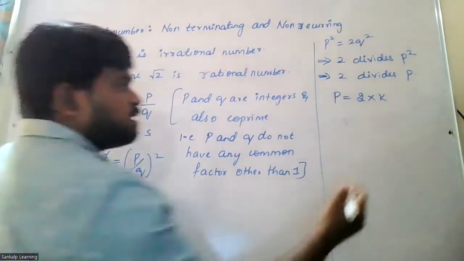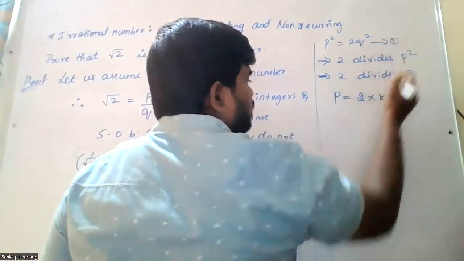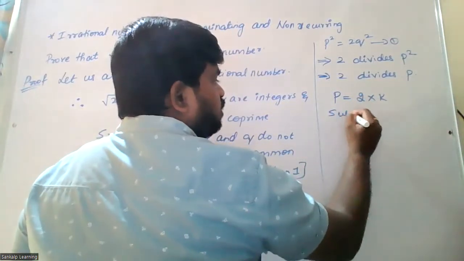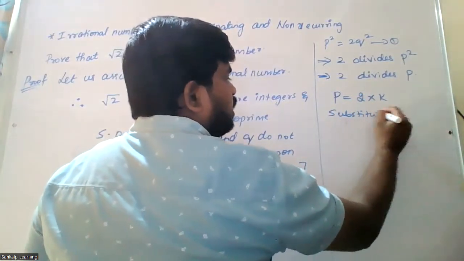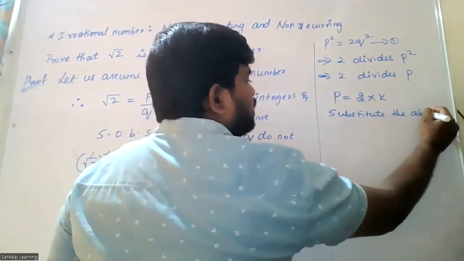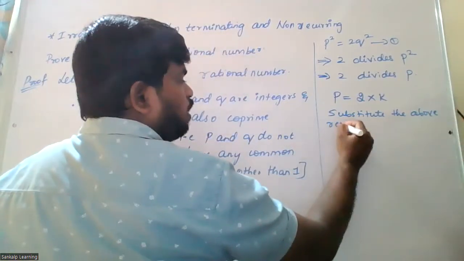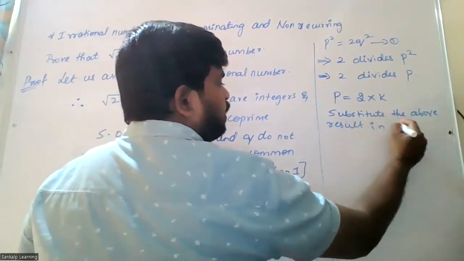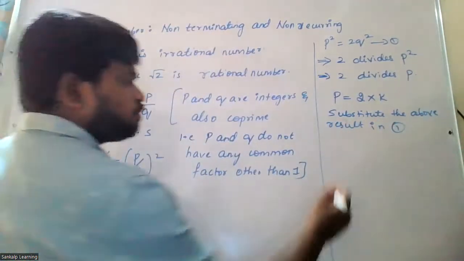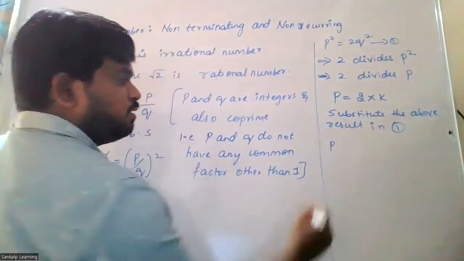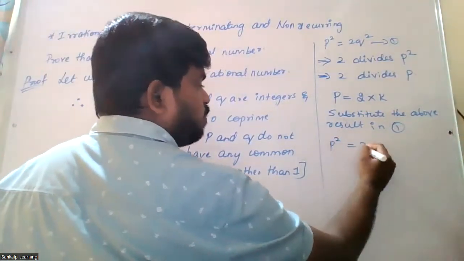Let me take this as equation 1. Substituting the above result in equation 1, p square is equal to 2q square.